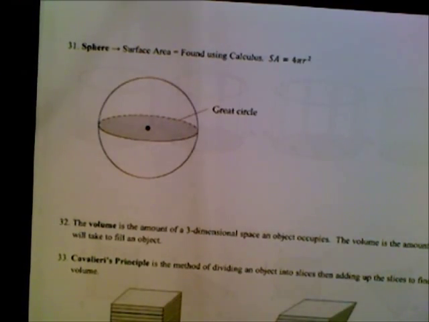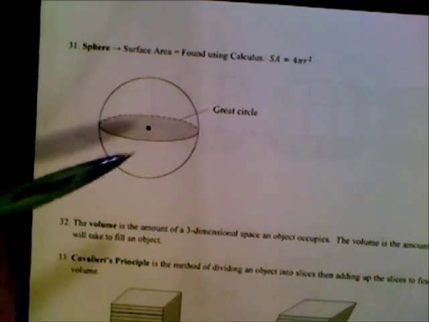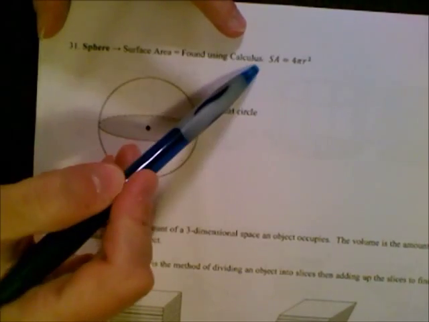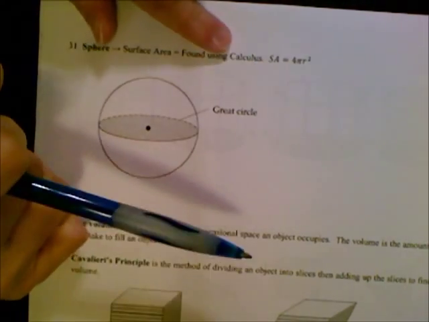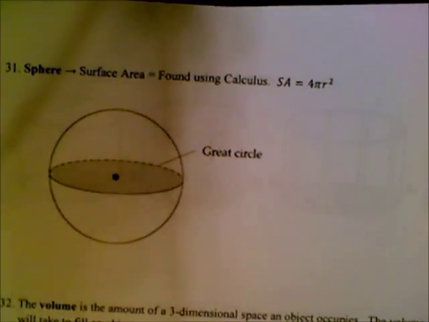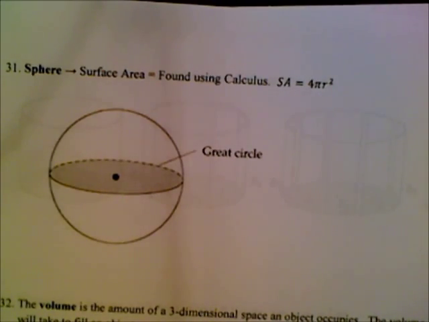Now the next figure we're going to talk about is a sphere. And in order to find the surface area of a sphere, to wrap a ball, and I do have balls all over our house, you have to use calculus. And so this formula is given to you on the formula sheet, and it is 4 pi r squared.